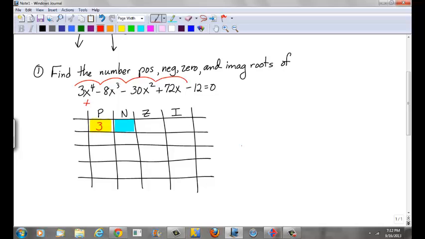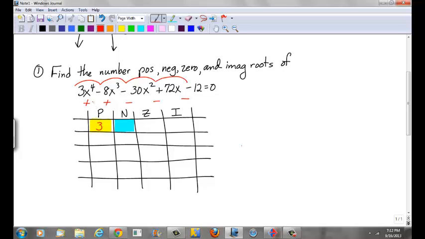A negative x cubed would be a negative, times a negative 8 would be a positive. Negative x squared would be positive, times a negative 30 would be a negative. And then a negative times a positive 72 would be a negative. And there is no x to substitute into the negative 12, so it stays negative.